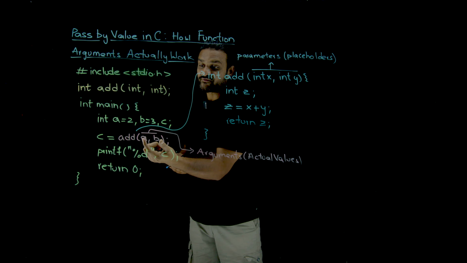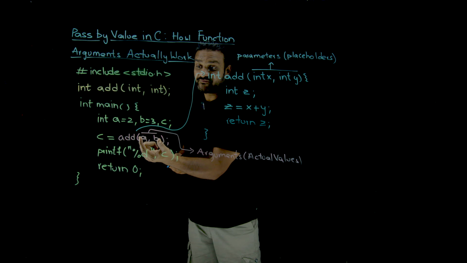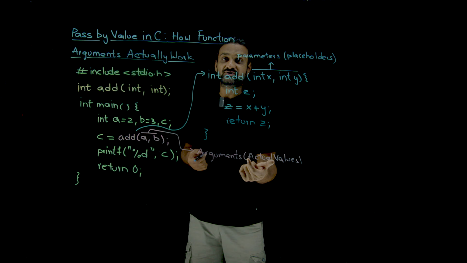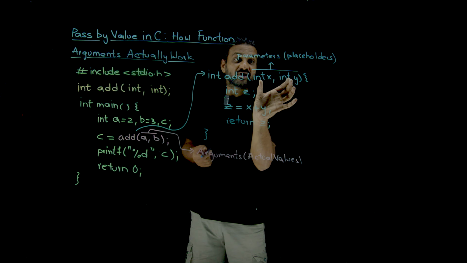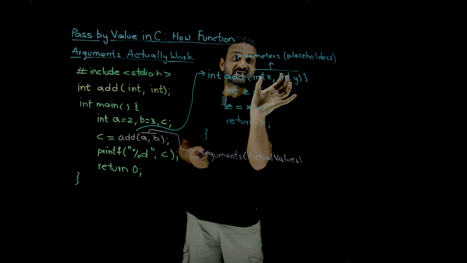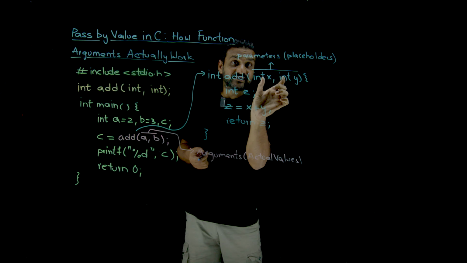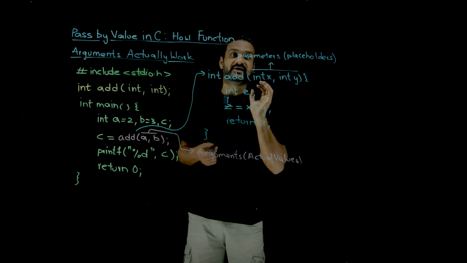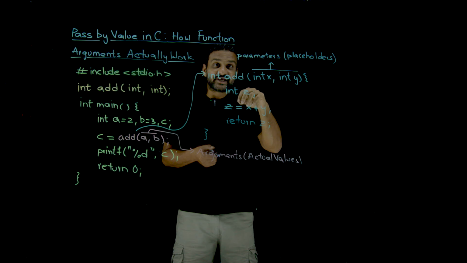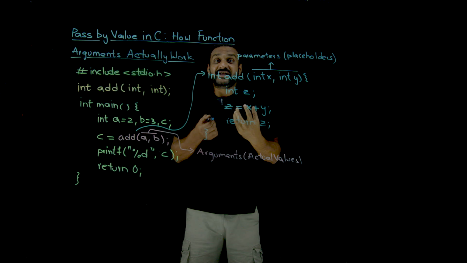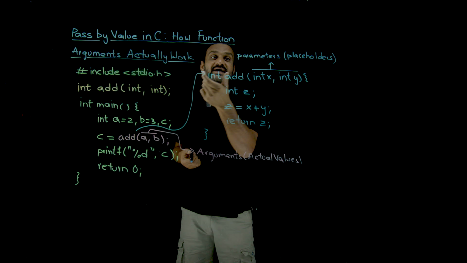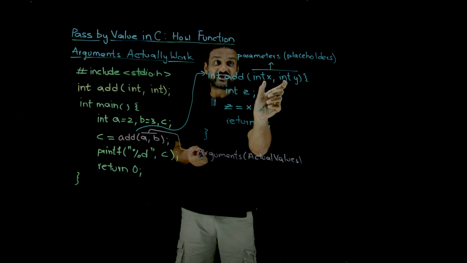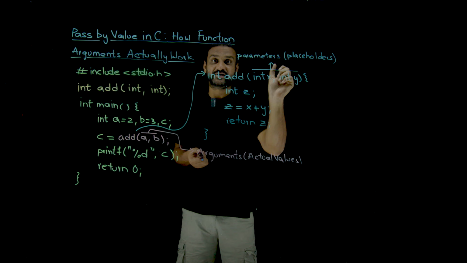The values within the calling function are called arguments or actual values, and the variables that are declared in the function definition are called parameters or placeholders. These are the placeholders which are waiting for the actual values to get stored whenever the function call is made. That is the reason why they are called parameters or placeholders.